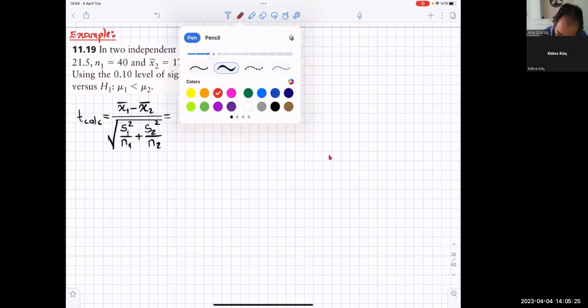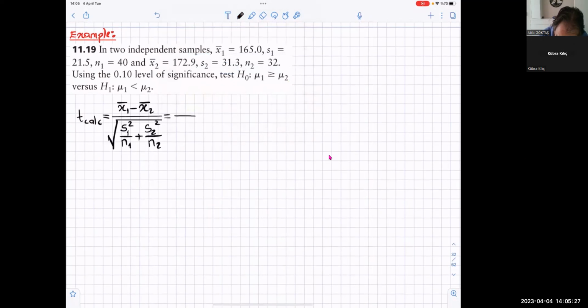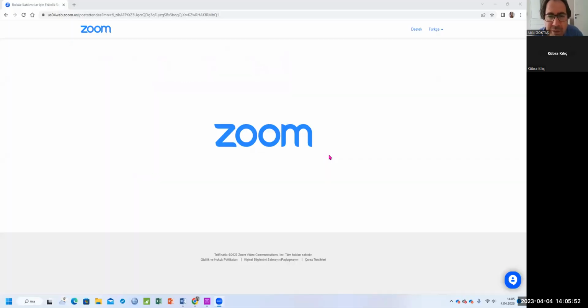No difficulty at all. X1 bar, X2 bar. X1 bar is 165 minus X2 bar, which is 172.9. And S1, let me check whether I have a limitation of time. No, it's still more than 10 minutes to go.